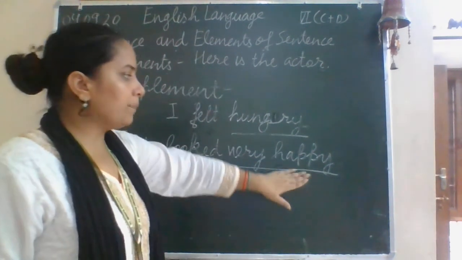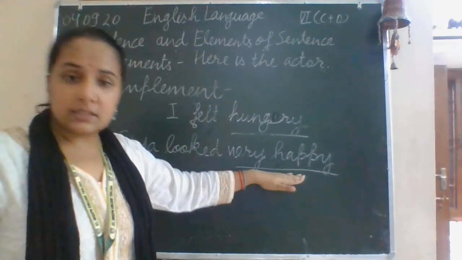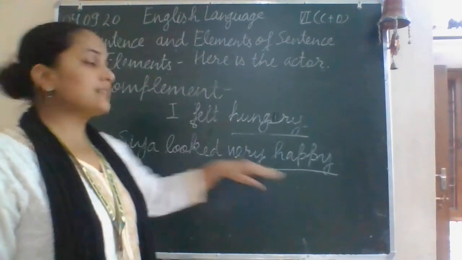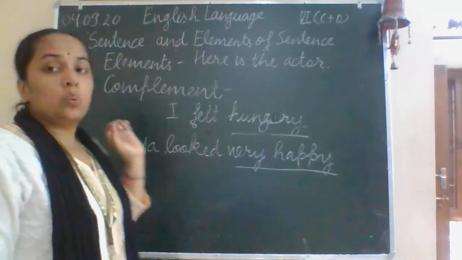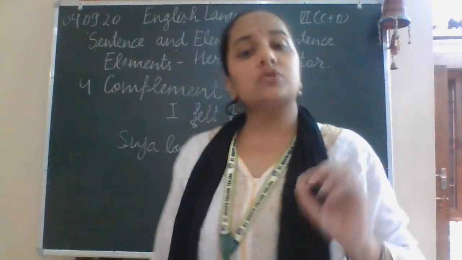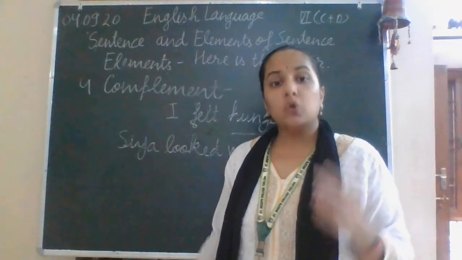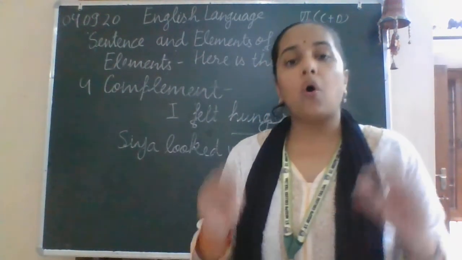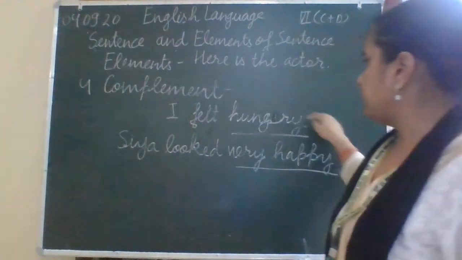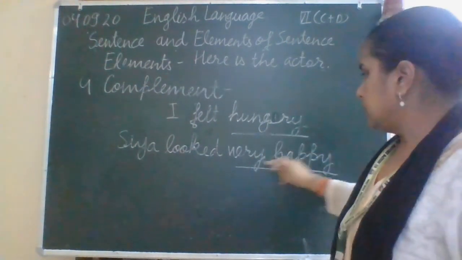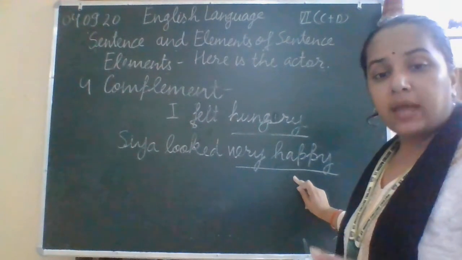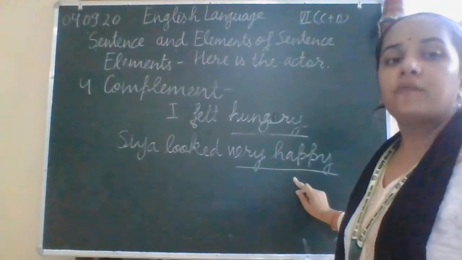So this very happy, this complement, is describing or telling something about this noun, which is the subject of the sentence. So the word or group of words, like in the first sentence we have one word, here we have two words, so it can be called a group of words.